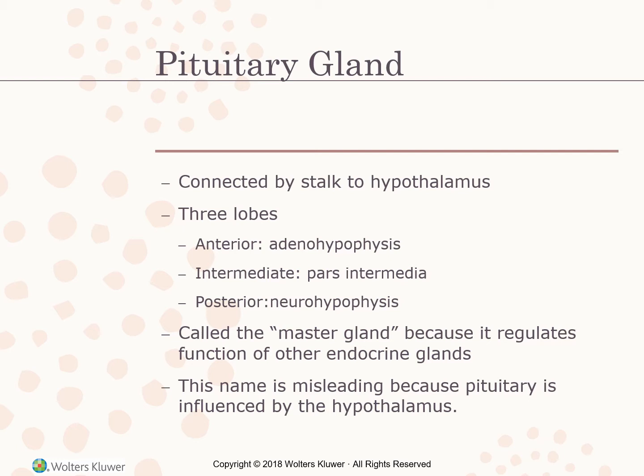We also have the thyroid stimulating hormone, TSH, which will stimulate production and secretion of thyroid hormones. And then we have adrenocorticotropic hormone, which will stimulate the adrenal cortex to secrete cortisol and other steroids.